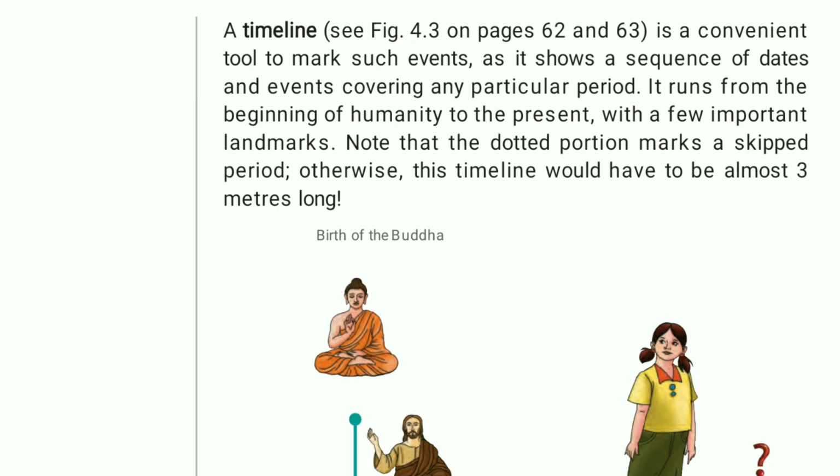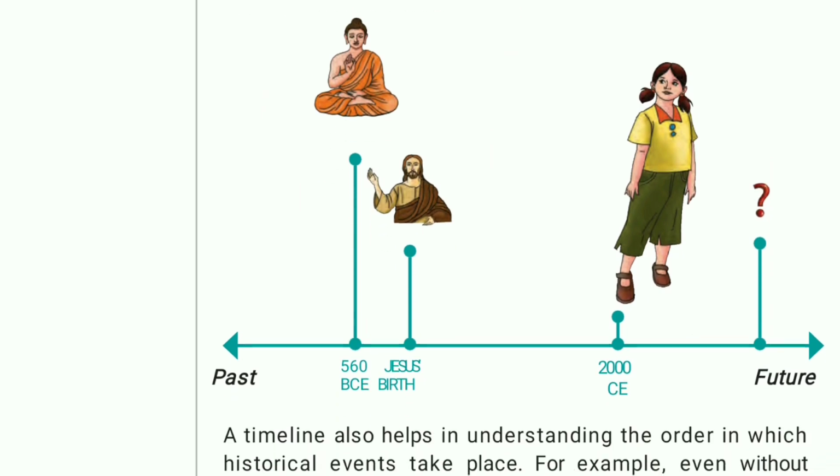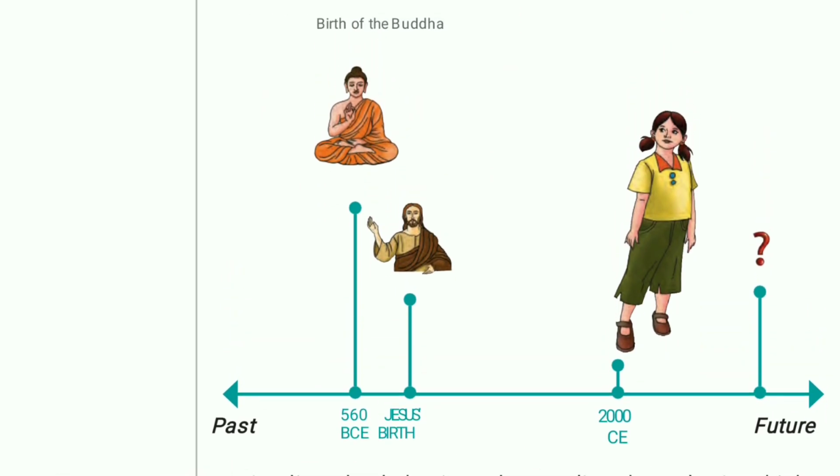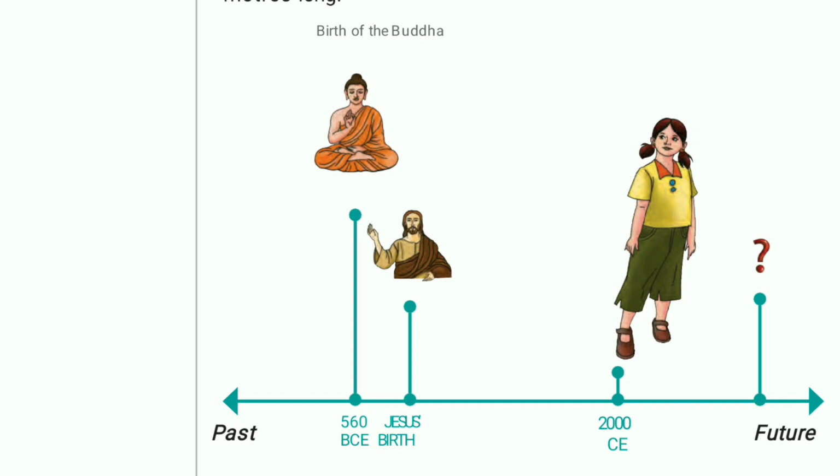Note that the dotted portion marks a skipped period. Otherwise, this timeline would have to be almost 3 meters long. Then there is a picture in which we can see birth of Buddha, then Jesus Christ, a girl, and a prediction for the future.